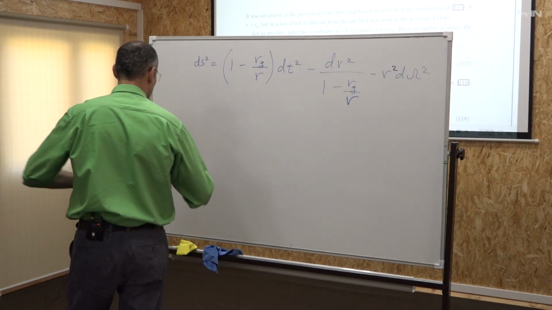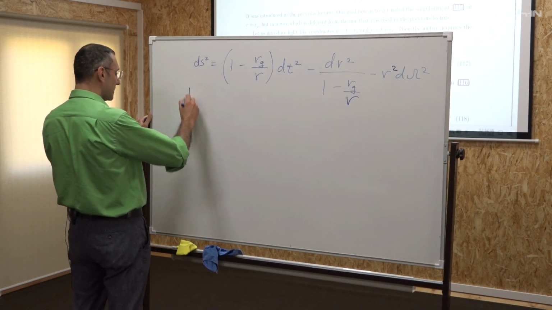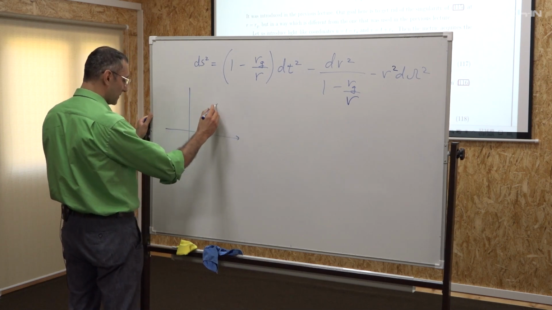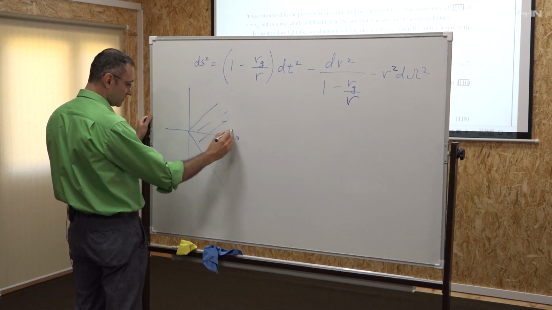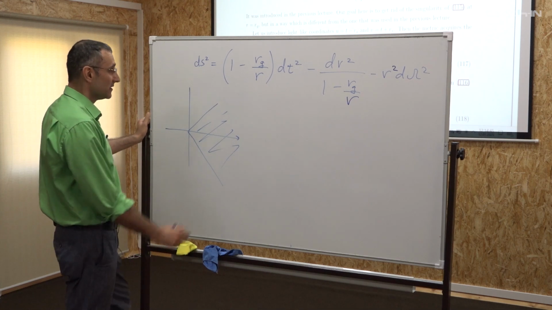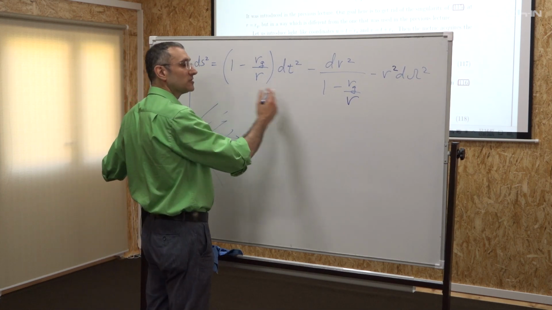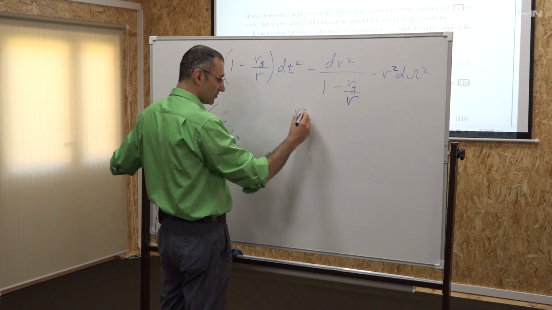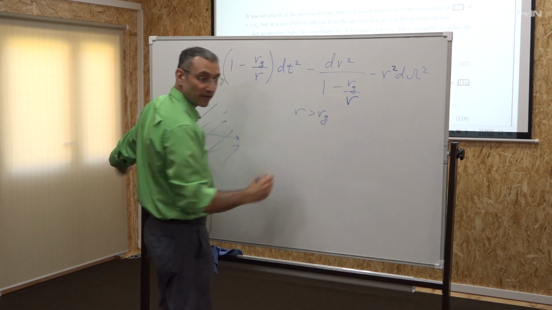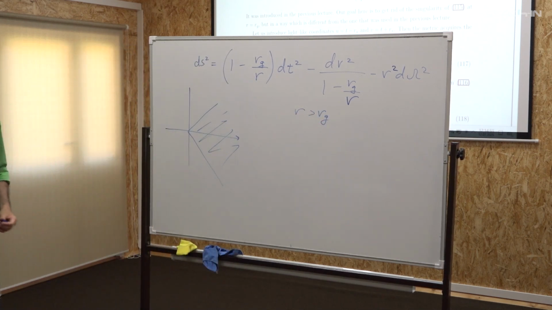As I told you, Rindler coordinates cover only part of Minkowski space-time, only this right quadrant. This metric also covers not the entire space-time, but only its region for r greater than r_g. But I want to write a metric which covers the entire black hole.